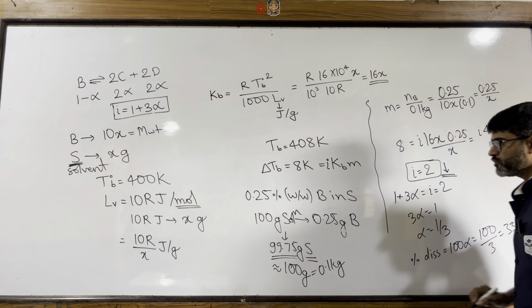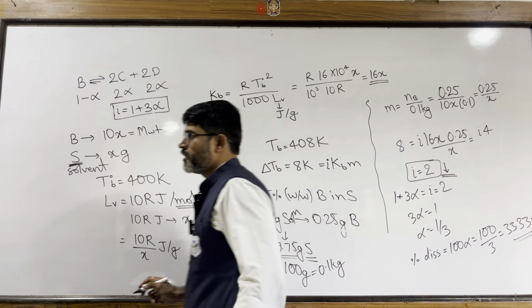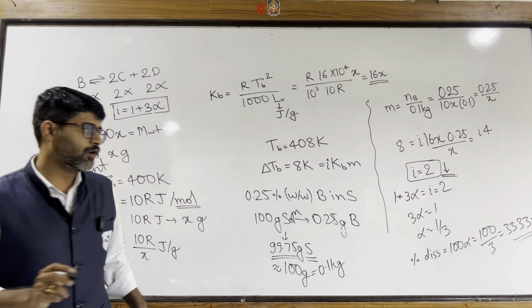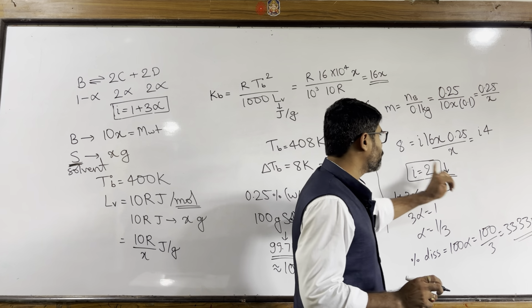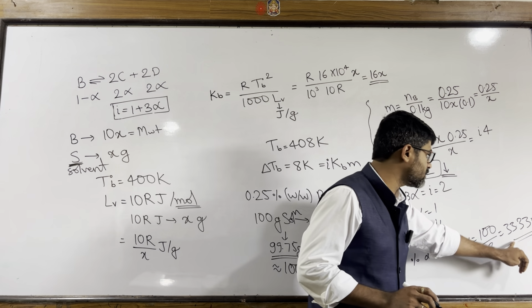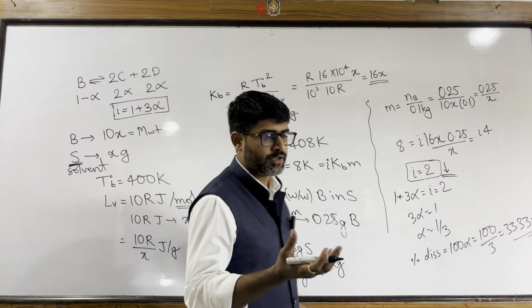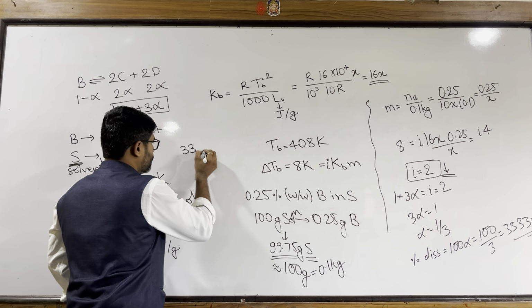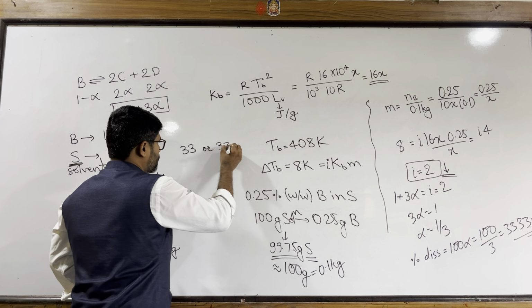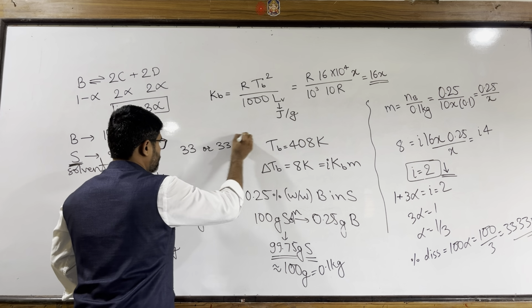So the percentage dissociation for this reaction is 33% or a little lesser than this value. If you put the exact value, the answer is less than 33.33. So you can answer it as 33 or simply 33.33.